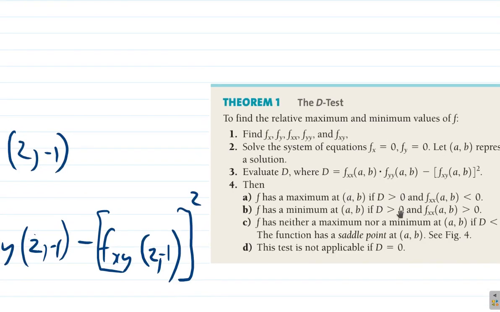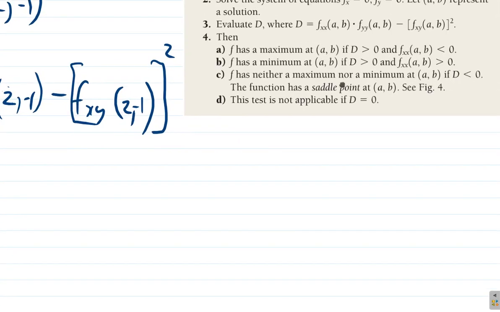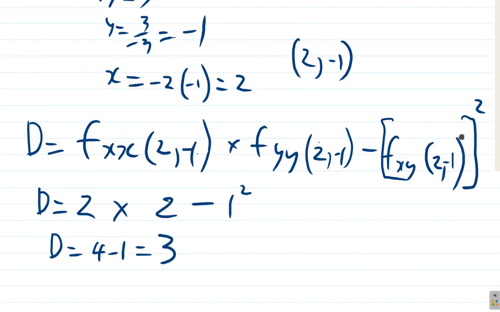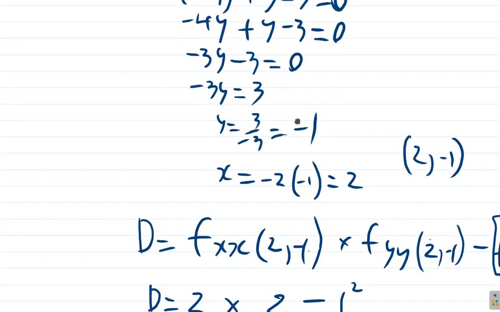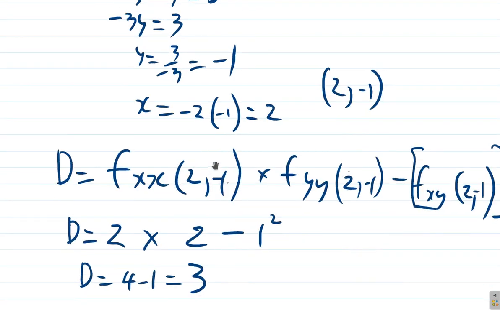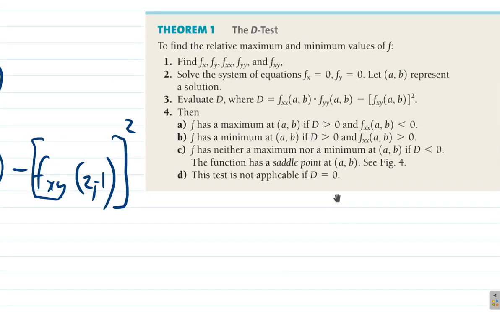If D is greater than 0, that means it's positive. If fxx is less than 0, then we have a maximum point. Where is fxx again? Here, it was 2. It is not less than 0, it's greater than 0. So D is greater than 0 and fxx is greater than 0. So what we have is a minimum point.